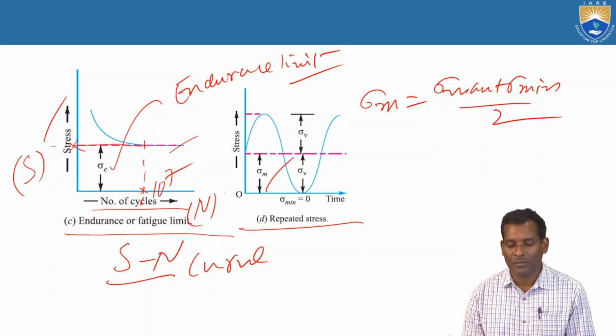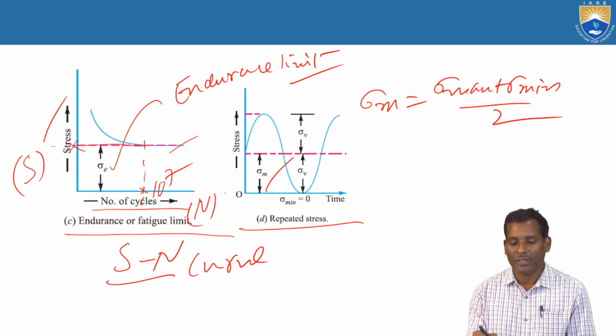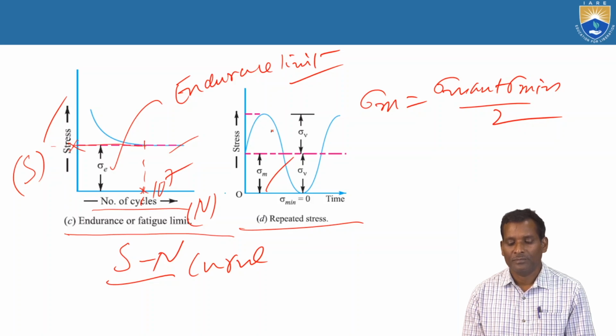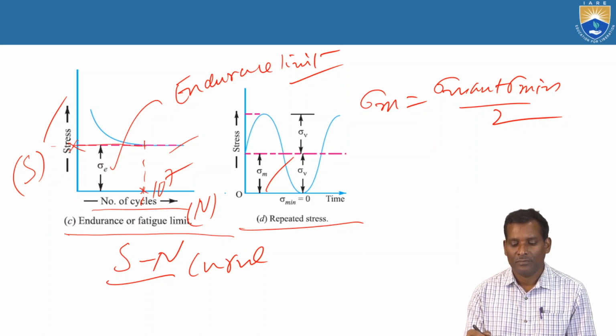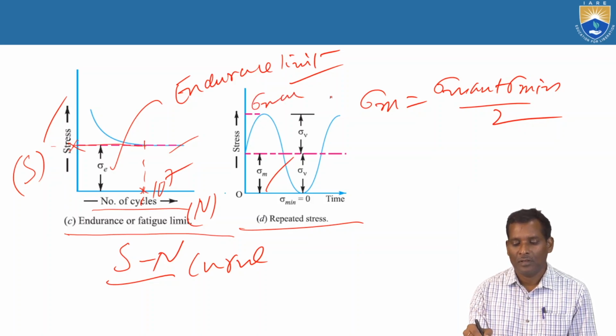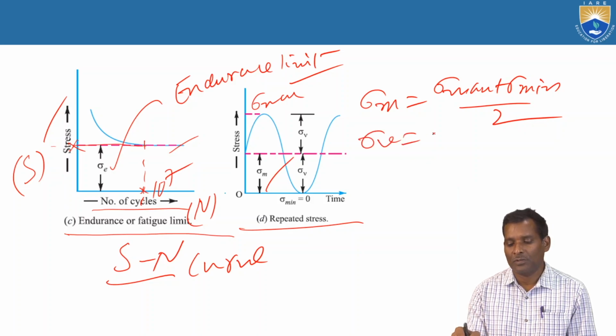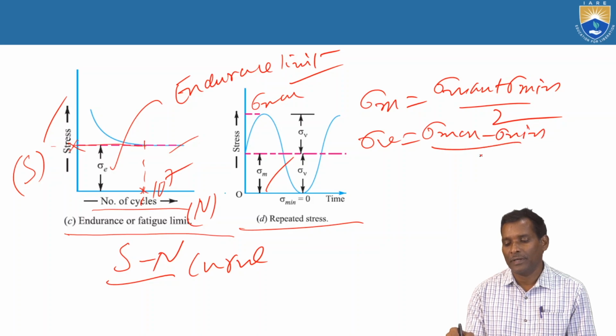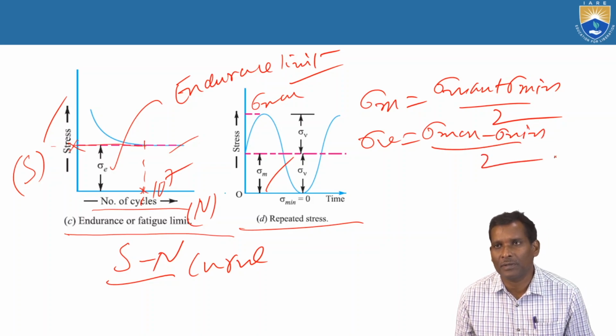Here the minimum is 0, and the maximum value you can calculate. The variable stress you can determine using the relation sigma max minus sigma min.